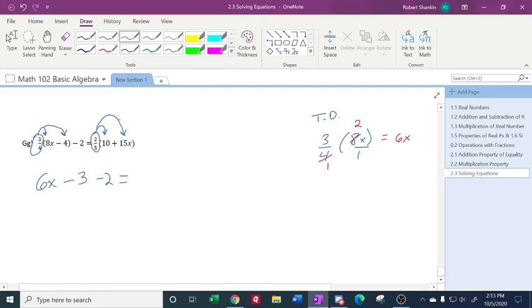Okay, so when I multiply the 2/5 times the 10, the 5 goes into the 10 twice. 2 times 2 is 4. When I take the 2/5 into the 15x, the 5 goes into the 15 3 times. 3 times 2 is 6, plus 6x, like this.